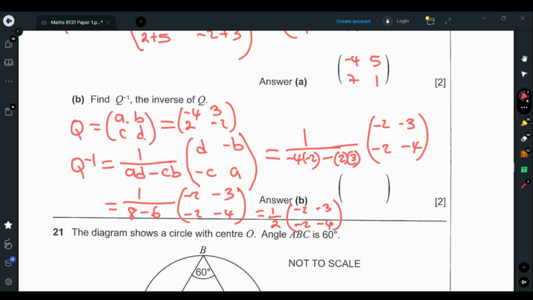And if you like, you can multiply each element by 1 over 2. So that becomes minus 1, minus 3 over 2, minus 1, minus 2.